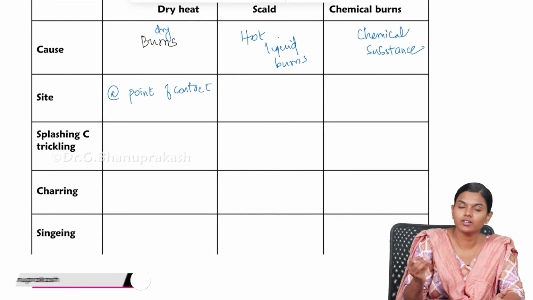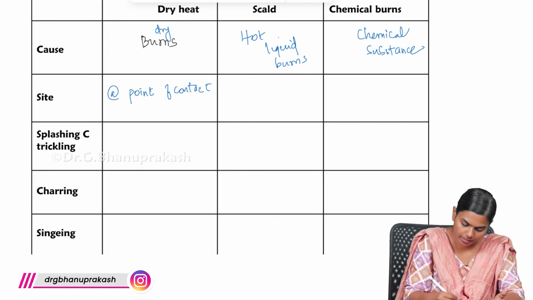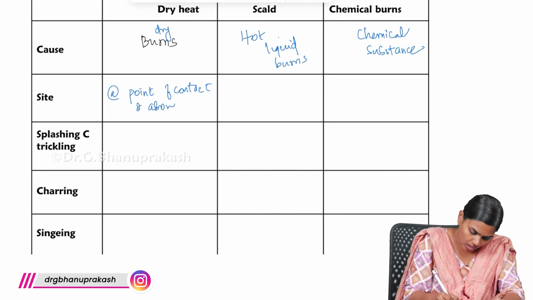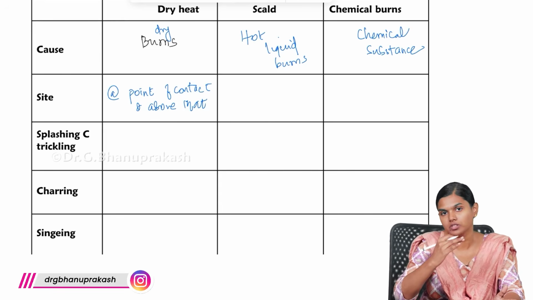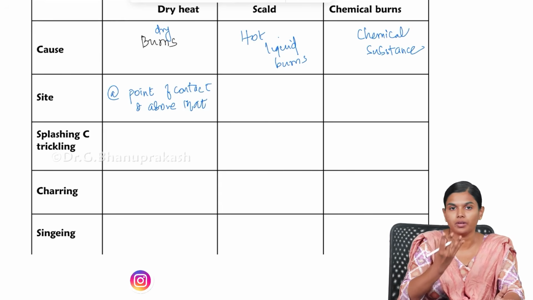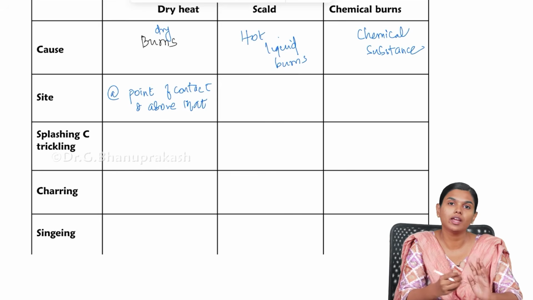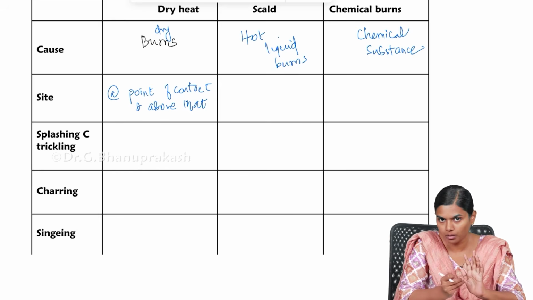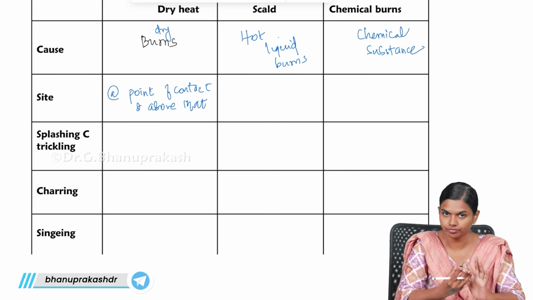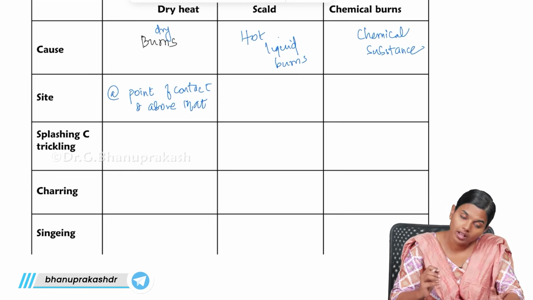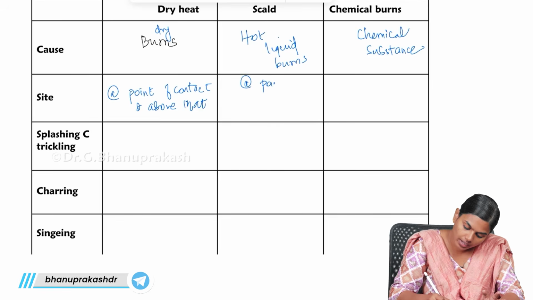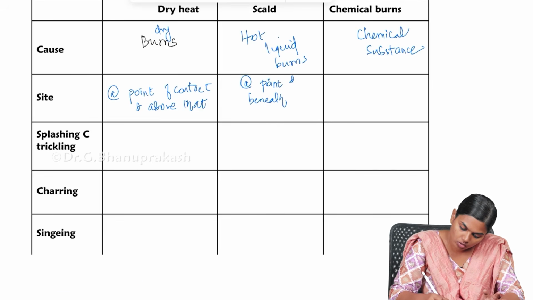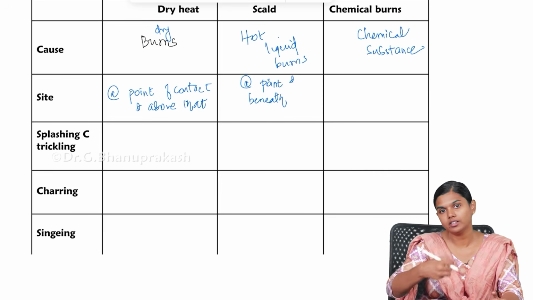When you come in contact with fire, at that point and above that, you will see these burns, because flame will go up, right? So you will see burns at the point of contact and above the point of contact. But in case of scald, you will see it at the point and beneath. It is a liquid, it will trickle down, right?